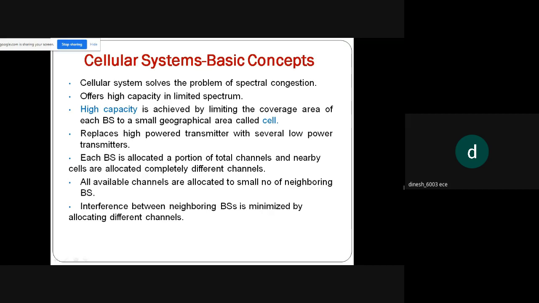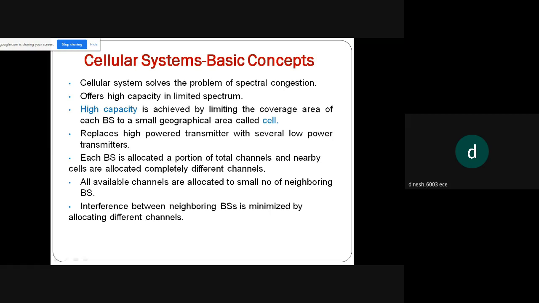Those areas are divided into small geographical cells, and each cell will have a base station. In short, we call it a tower or a booster.